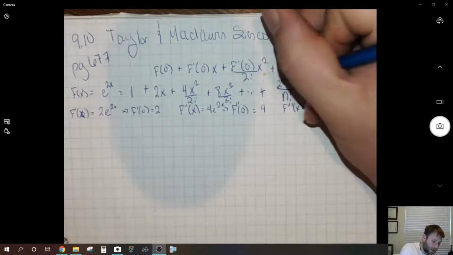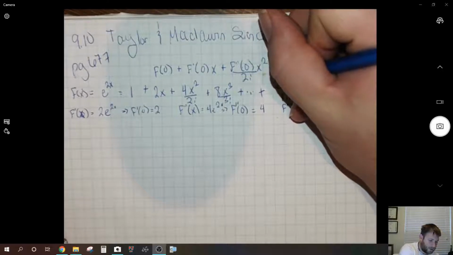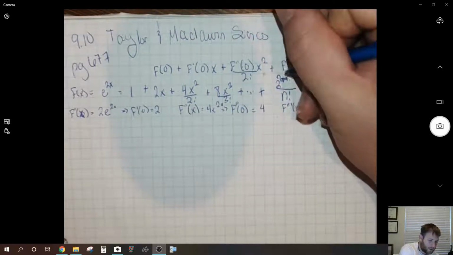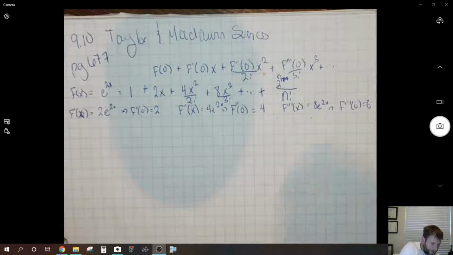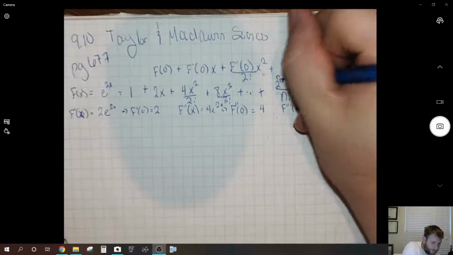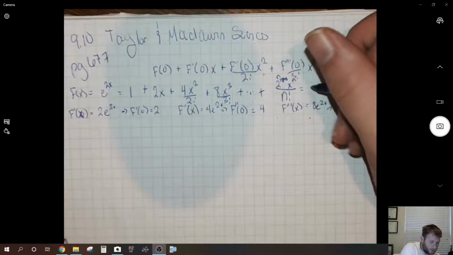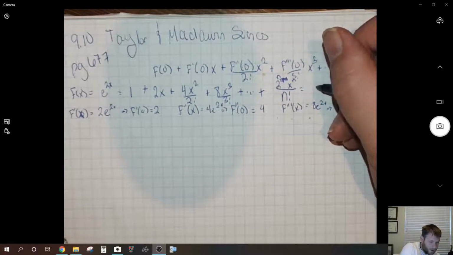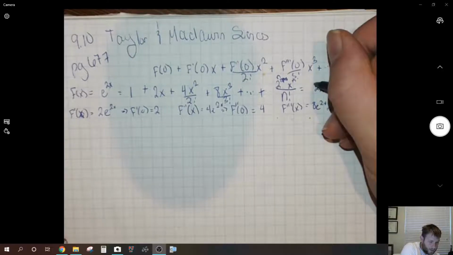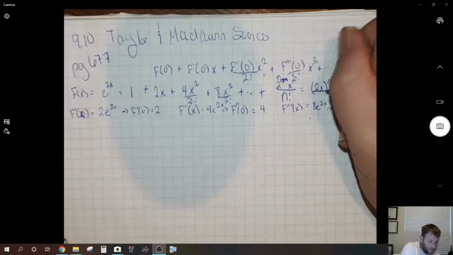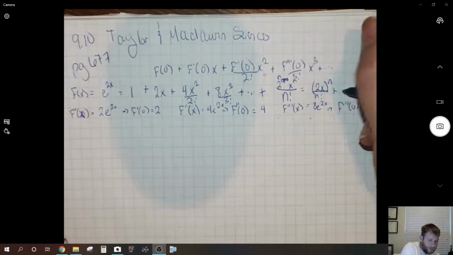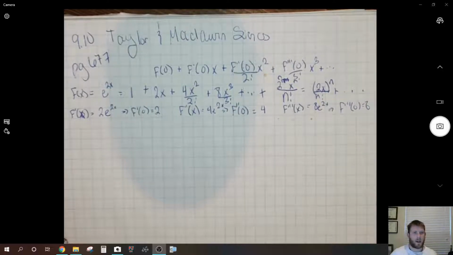I guess I could just use n, because if we start at 0, it'll be 2 to the power of n, and then x to the power of n. So I could even say this if I wanted to. And then the pattern is going to continue on, plus dot dot dot.